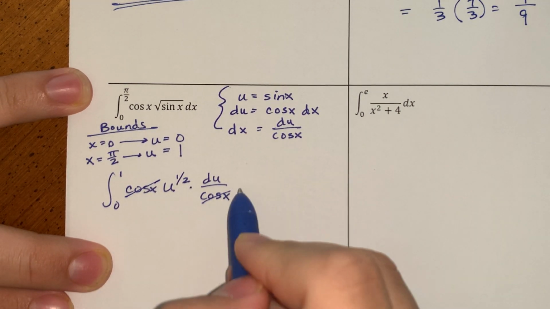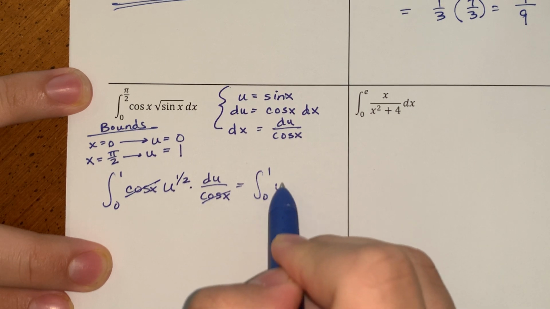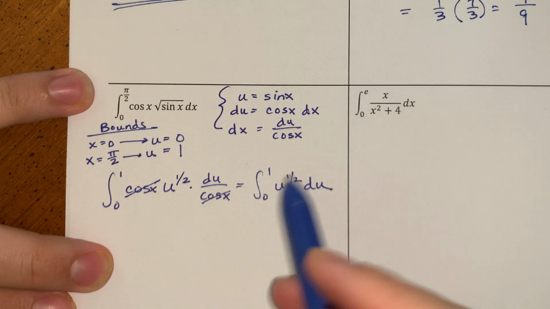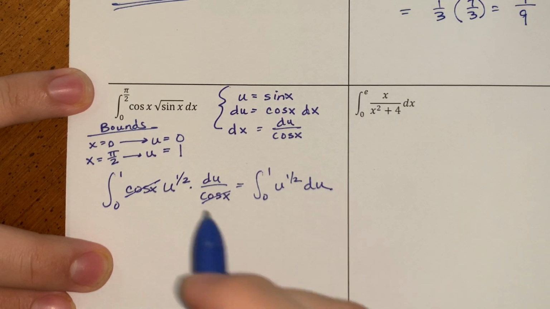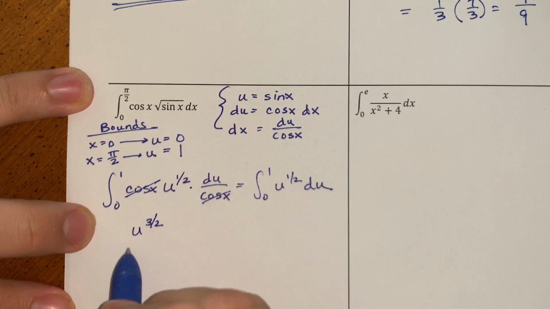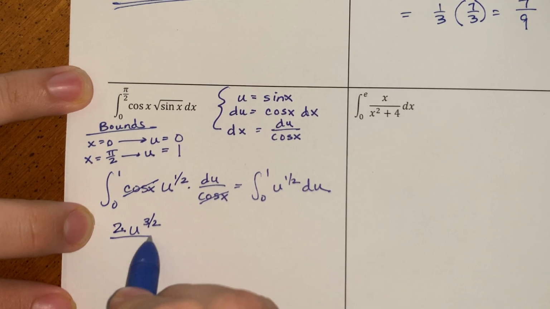Cosine of x is canceled. And now I have the integral from 0 to 1 of u to the 1/2 du. Now I'm going to do my power rule, add 1 or add 2 over 2. So that's going to be u to the 3/2 divided by 3/2, which is the same thing as multiplying by 2/3.